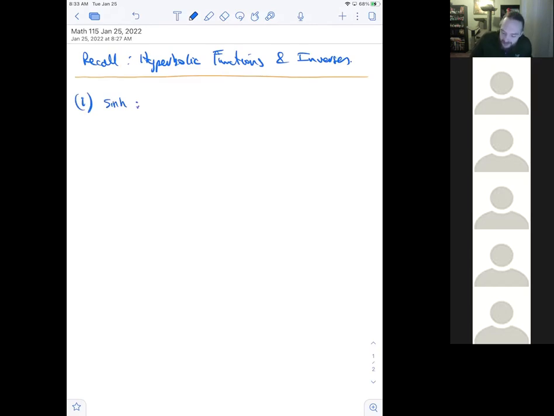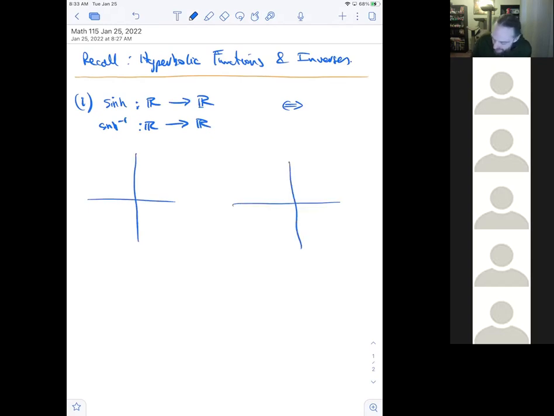The first one is sine hyperbolic, a function which luckily goes from R into R. Remember, this is no new story for inverses. It's always the same. That means sine hyperbolic inverse is also going to go from R to R, and we can obtain the graph by reflecting about the line y equals x.